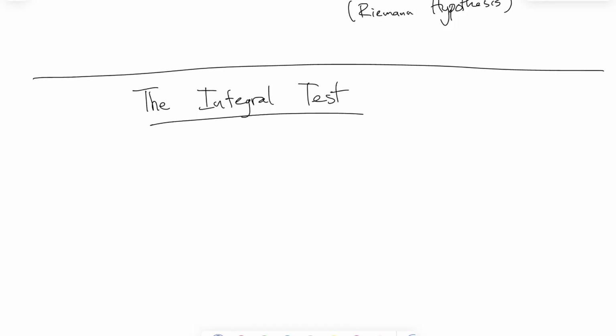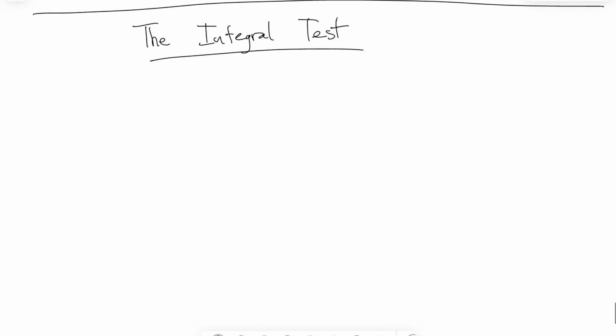So anyway, the integral test is what I was alluding to before. We can compare a series to a certain integral. And there are relationships between a series of a certain formula versus the integral of that same formula.